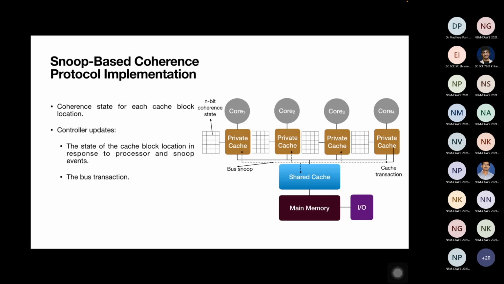So the state of the block at present is I, indicating the block is not present. And then it wants to read the data. Once it gets the block of data from the shared cache or other caches, it is going to keep the block in the shared state. That means there is a transition from I to S on processor read.